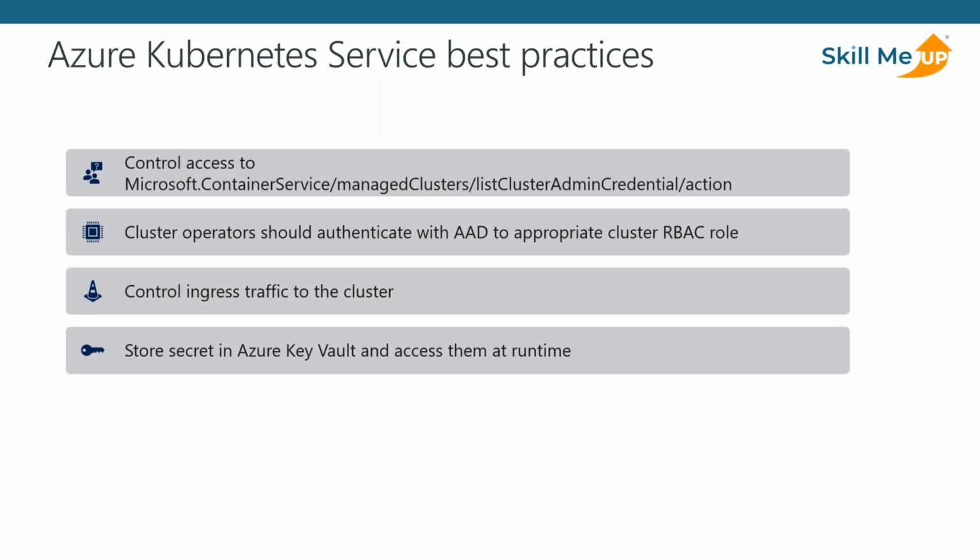Of course, for any type of secrets, just like with platform as a service or infrastructure as a service, we should store those secrets in Key Vault and access those using managed identities, either for the whole Kubernetes cluster, for each individual node, or even per each pod. All of those require a little bit different way of creating and operating those managed identities.